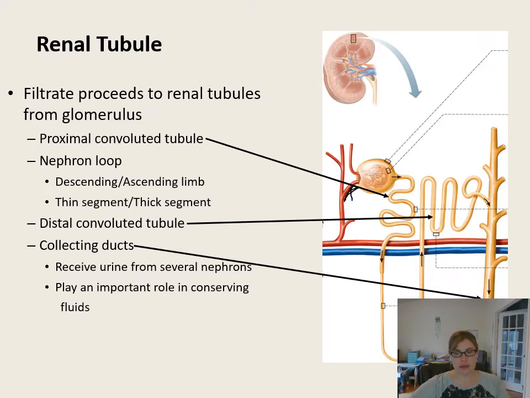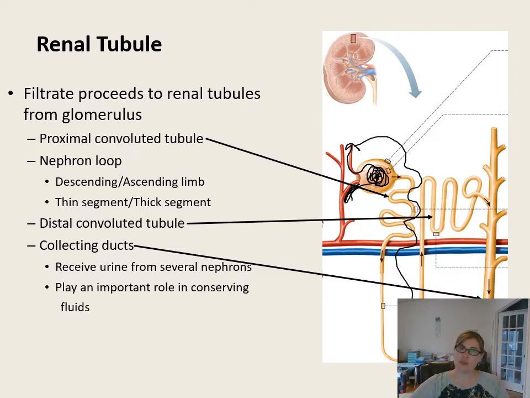Right here is our afferent arteriole going into our glomerulus. In the glomerulus, things that are large don't make it through the glomerular filtration membrane, and those things leave and enter the efferent arteriole, which is going to eventually become the peritubular capillaries that surround all of this.